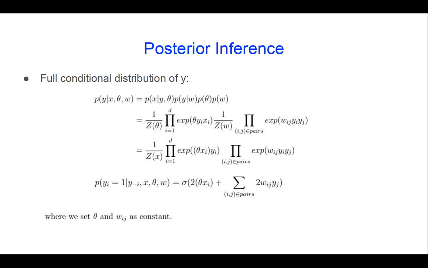Then, based on the prior and the likelihood, we can derive the full conditional distribution of Y. Then we can derive the probability of yi equals 1 based on the full conditional distribution, and it turns out to be a sigmoid function. In our model, we set the parameter theta and the parameter omega ij as constants.